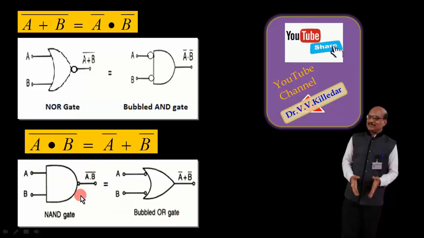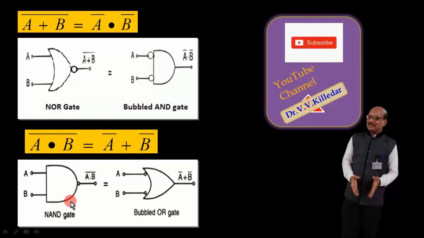So here also we can shift the position of the bubble at the output to the input by changing the type of the gate. So carefully observe this. Here we see that we have the OR gate, the bubble is there. So OR is replaced by AND, and you have to only shift the bubble. Here the bubble is at the output, so you can shift the bubble to the input.